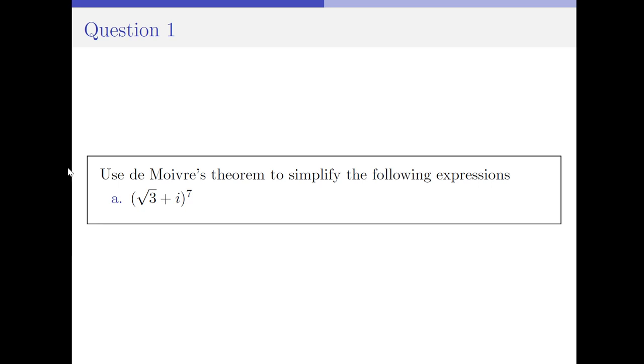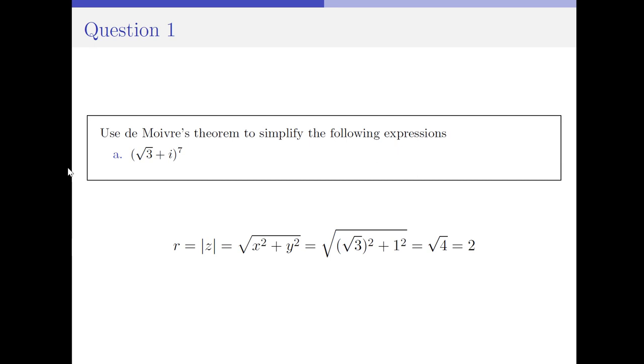Okay, so we've used De Moivre's theorem to simplify root 3 plus i to the power of 7. So what do we do first? To begin with, we're just going to consider the root 3 plus i without the power. We first of all find the magnitude of that complex number. Remember, the magnitude of any complex number is simply the real part squared plus the imaginary part squared, square rooted.